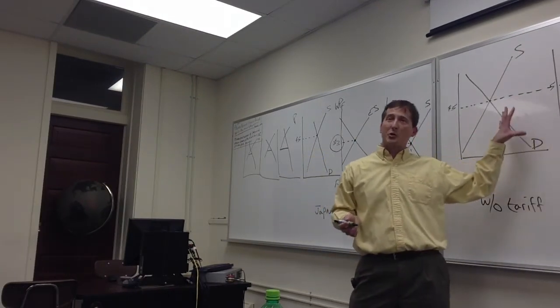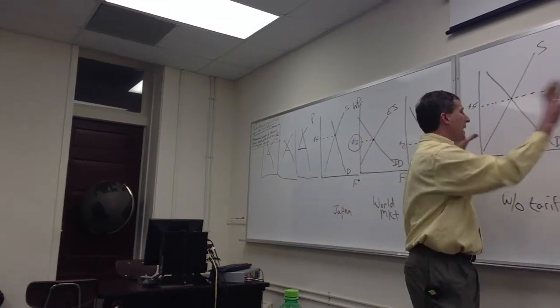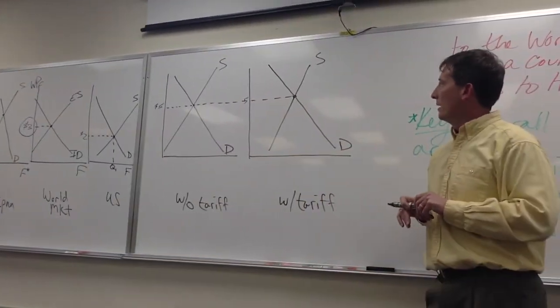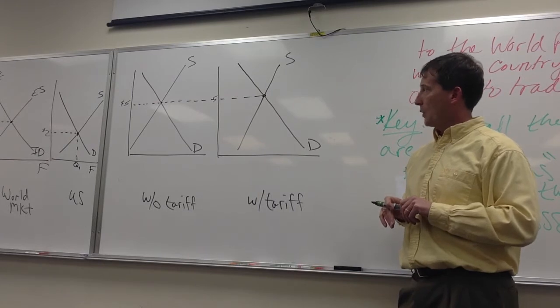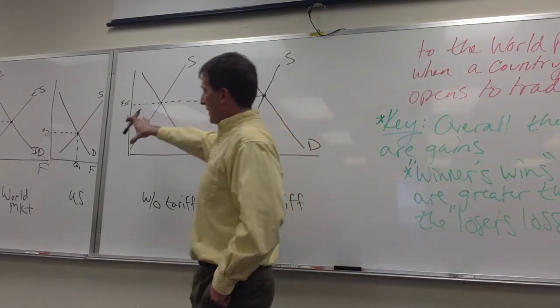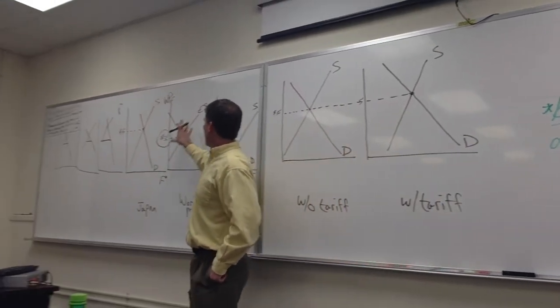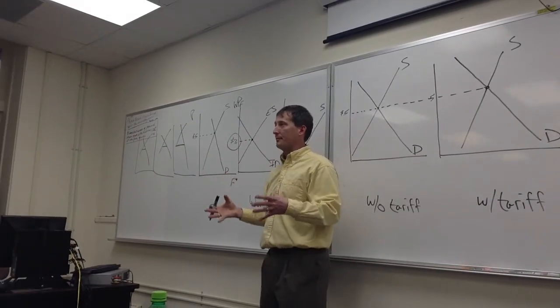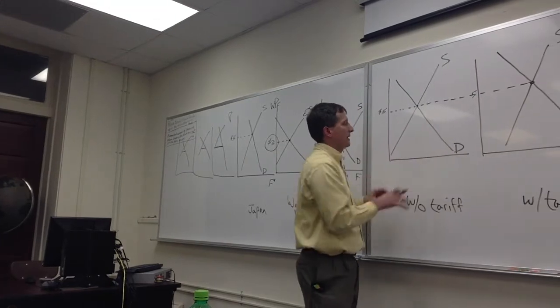This is all the no trade price, so we're just kind of thinking of case A, case B. What's the difference? Okay, so we learned last time that the interaction of the export supply and import demand is going to create a world price. And that's going to have an impact here.